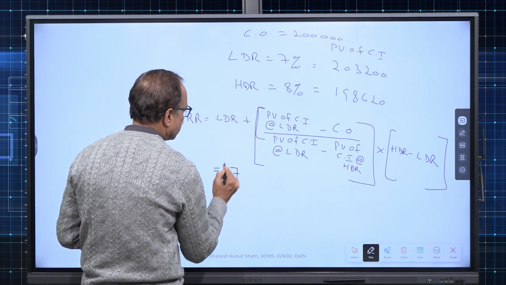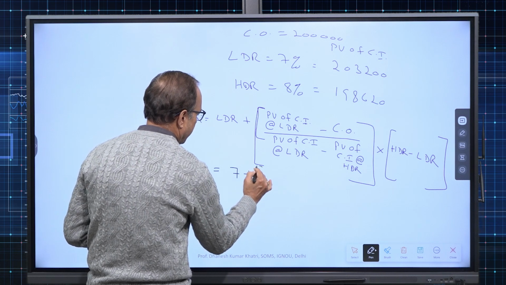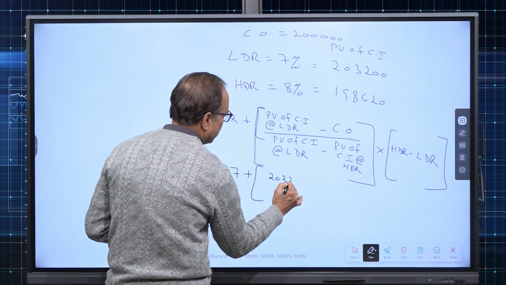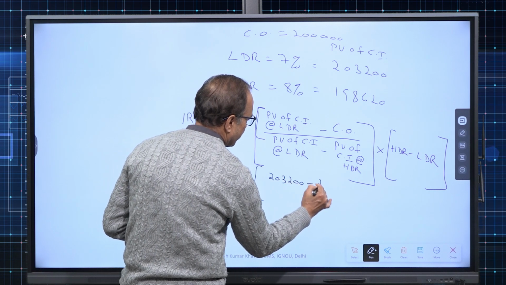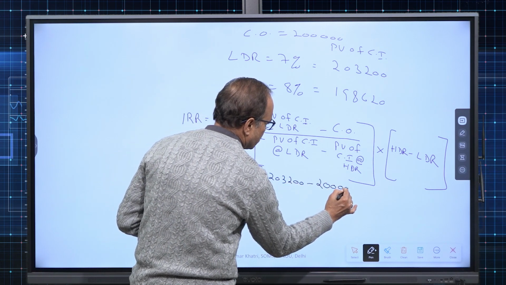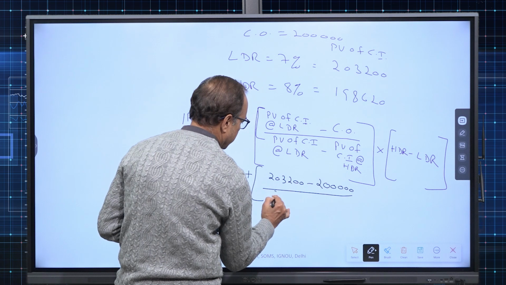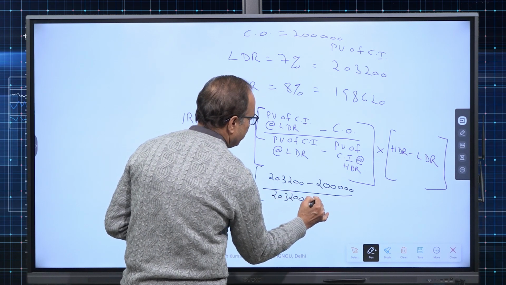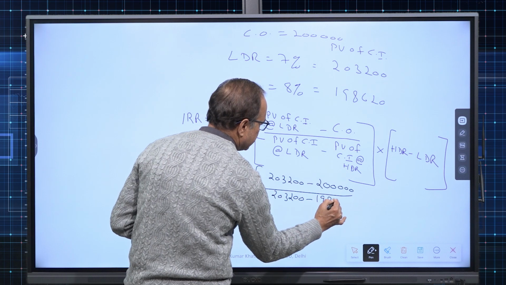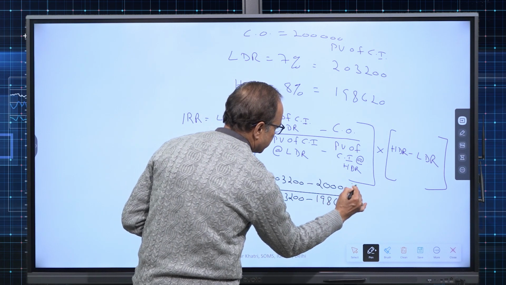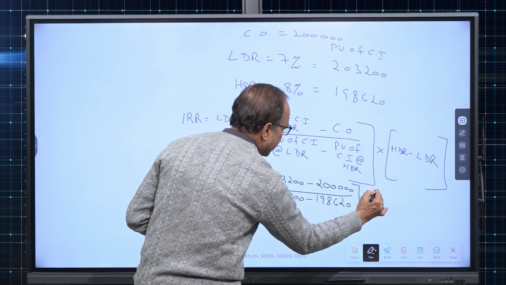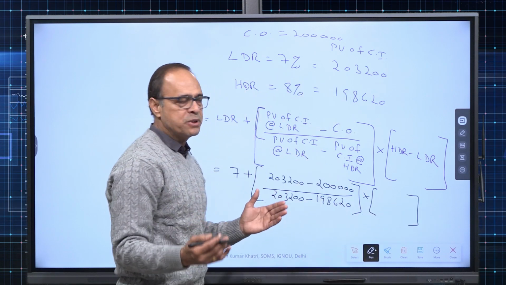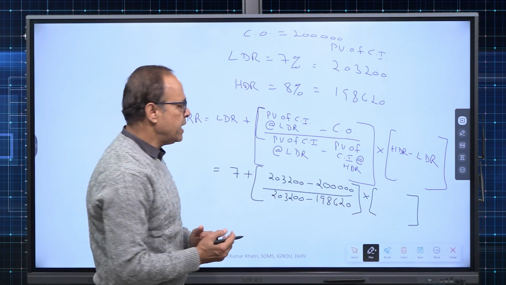Lower discount rate is 7% and PV of cash inflow at 7% is this much. Target is 2 lakh and PV of cash inflow at HDR is this much. And by chance the gap between both the rates is 1% again. If the gap is 2%, plug in the gap according to that.